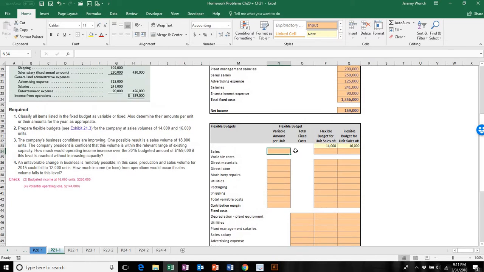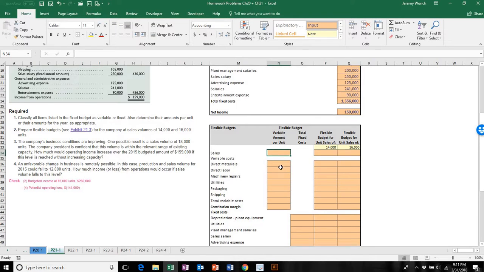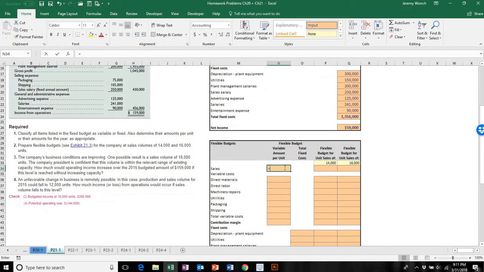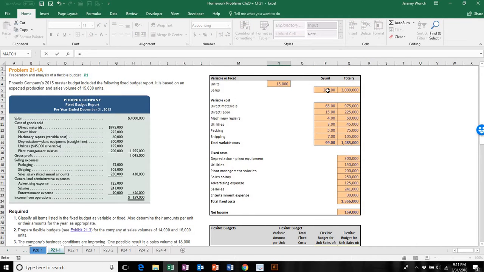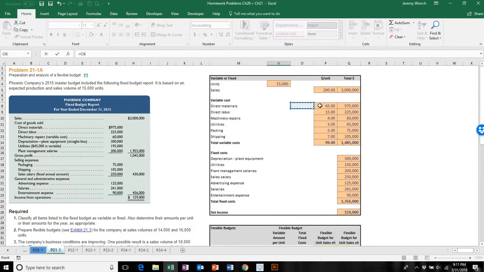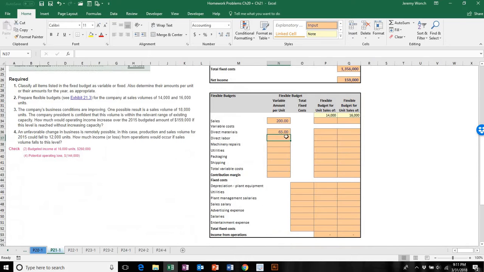And so over here, to figure out what these costs are going to be, we want to plug in our cost per unit over here. So we can just carry that down from part 1.